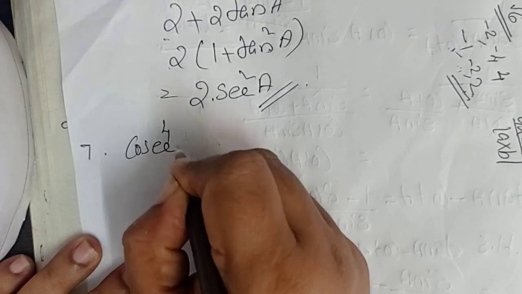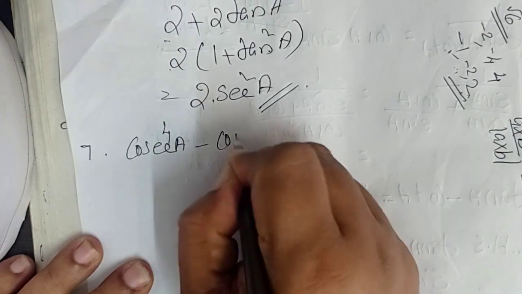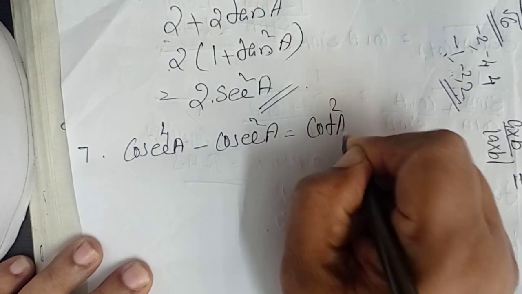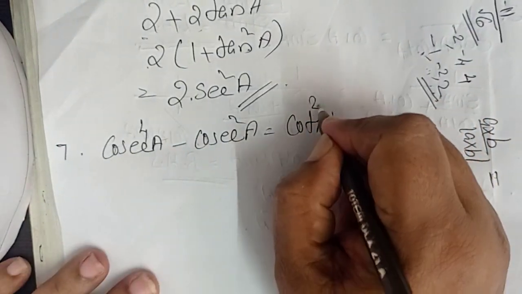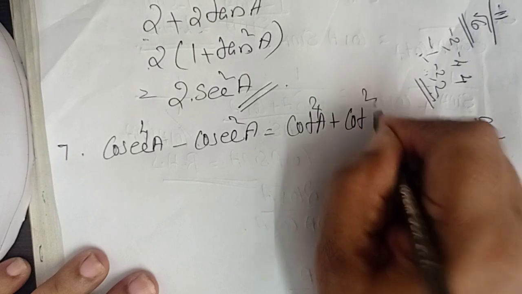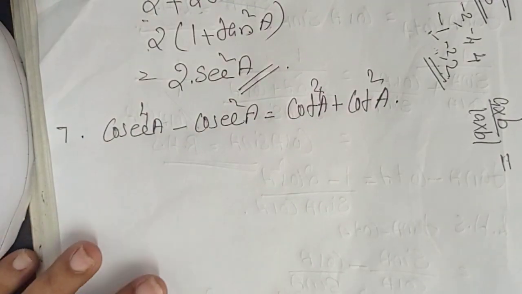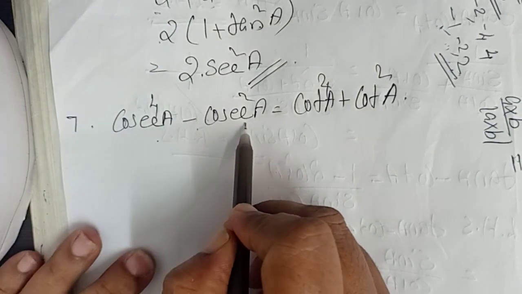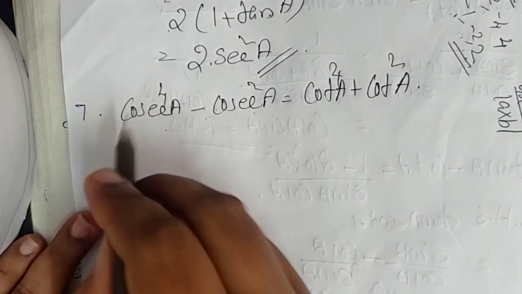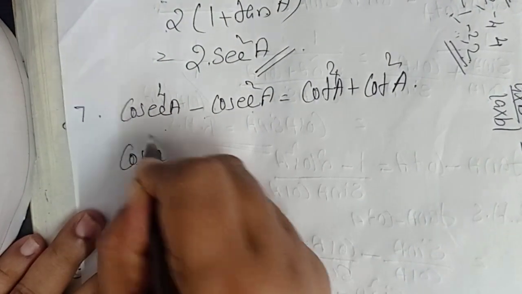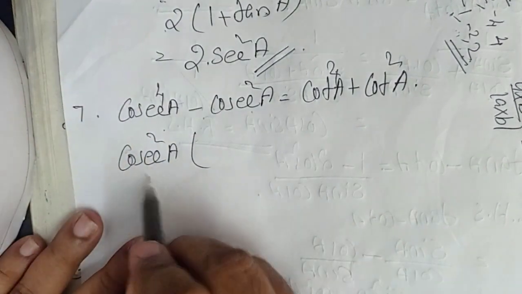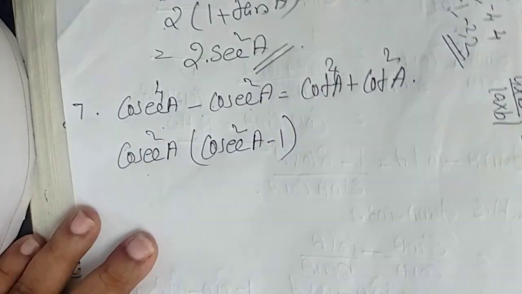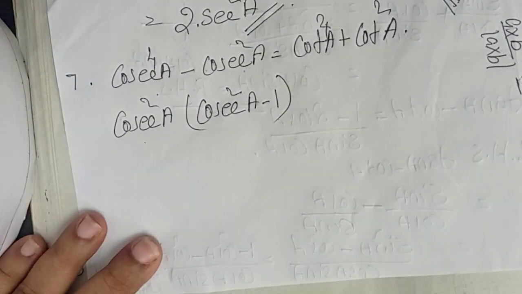Cosec raised to 4a minus cosec square a equal to cot square a plus cot raised to 4a. All of you look here. Cosec raised to 4a minus cosec square a is the LHS. From that you can take cosec square a outside. When you take cosec square a outside, you will get cosec square a minus 1, isn't it?